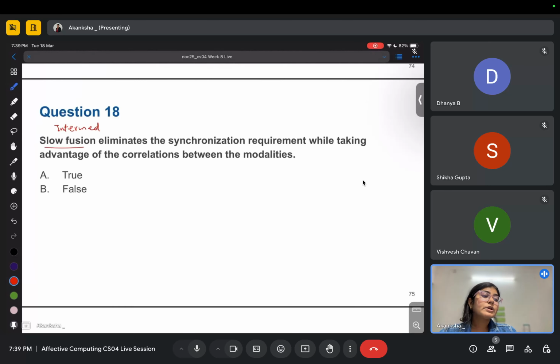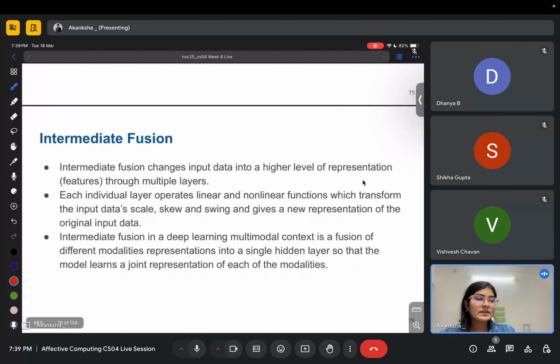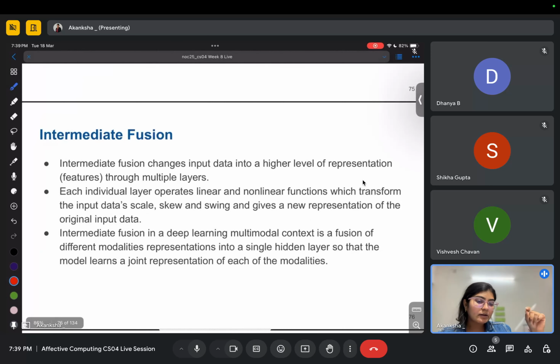So in intermediate, we combine it hierarchically. We are combining the information instead of combining it at both the extremes, somewhere in the middle of the pipeline. So we fuse this data in the form of a high level representation or the latent representation. Then the latent representation is fused.